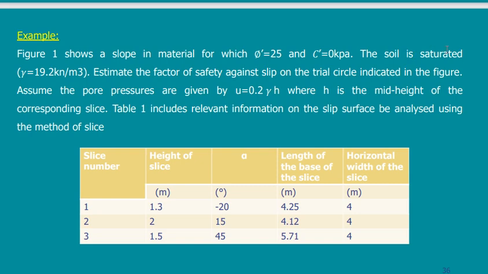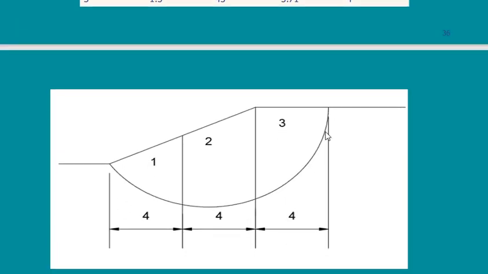The soil is saturated. I have a gamma of 19.2. This is the gamma, the bulk or the saturated unit weight of the soil. Estimate the factor of safety against slip on a trial circle indicated in the figure. In this figure, he gave me this as being the critical surface.